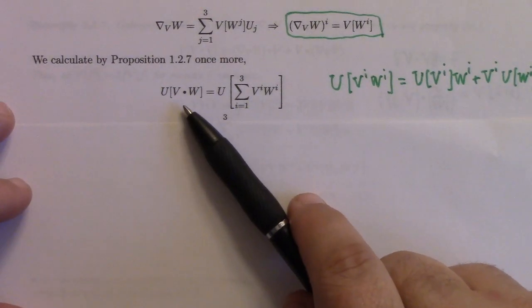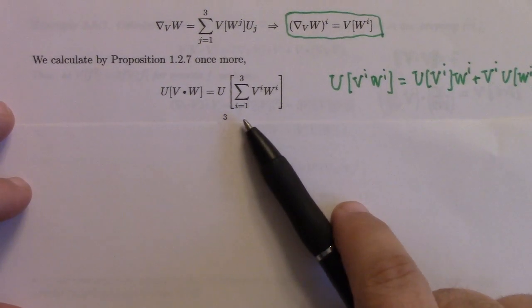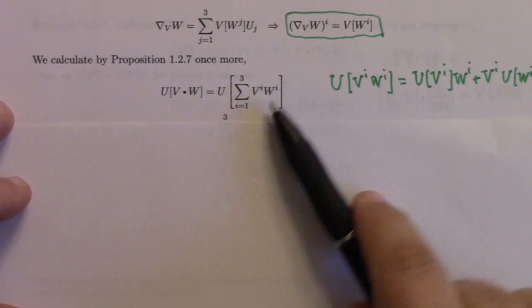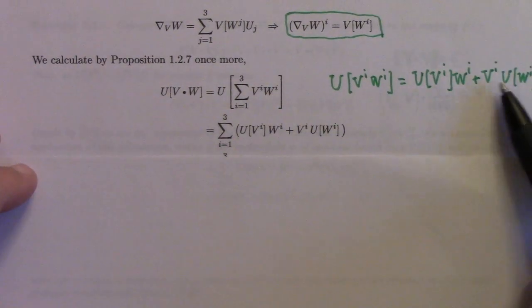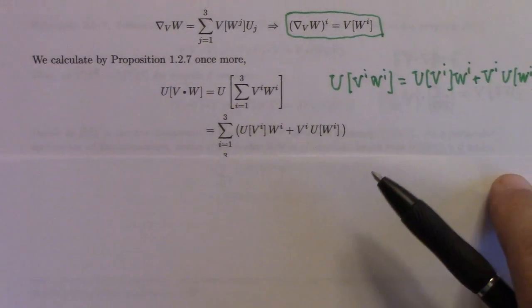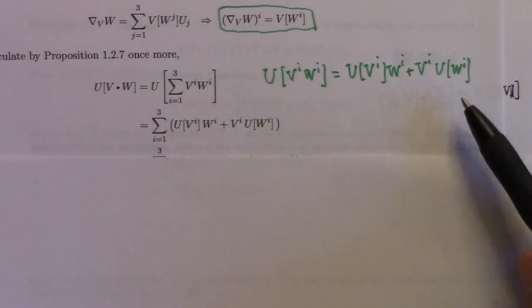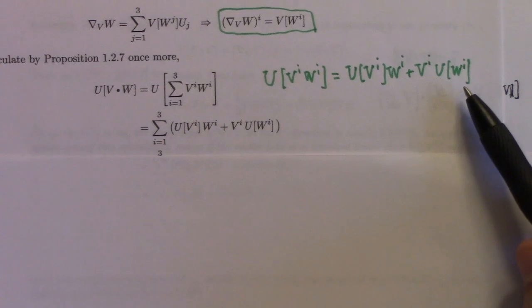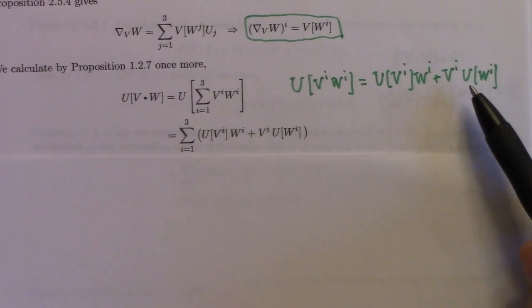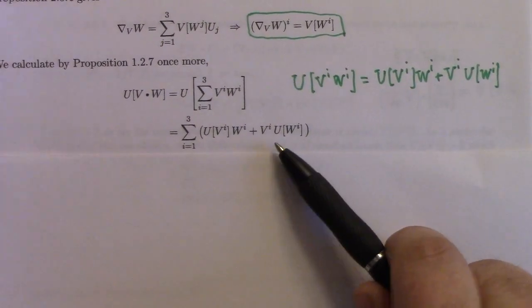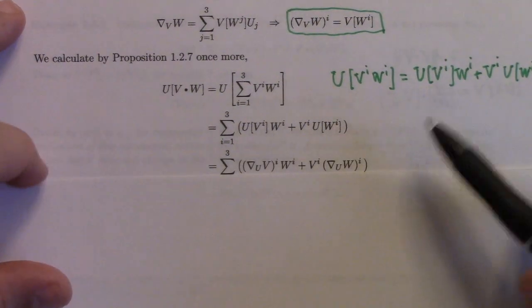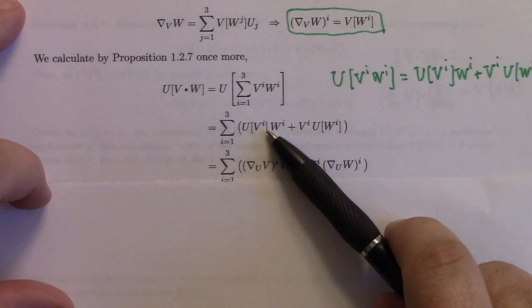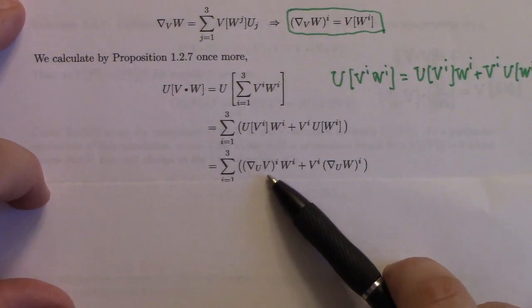Okay, so now I'm working on part 6 of the proposition. We let u act on v dot w, and so that's u of this, but then using additivity and the product rule as written right here for u, because u is a differential operator, right? So it obeys the Leibniz rule. So Leibniz and linearity give me that. And then just unpacking things, that is the covariant derivative of v in the u direction.